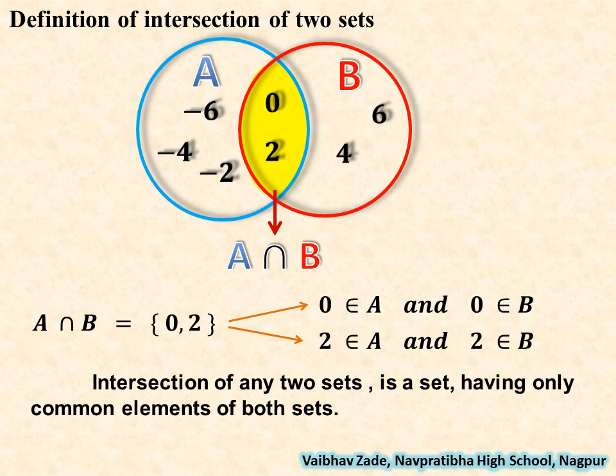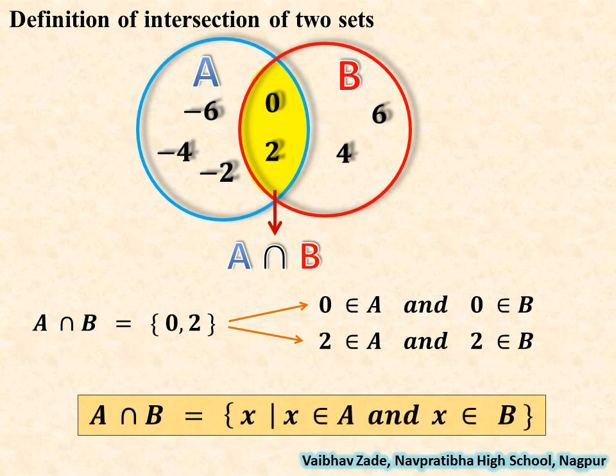A intersection B is the set of all x such that x belongs to A and x belongs to B. The elements of set A intersection B are the elements common to both sets A and B.